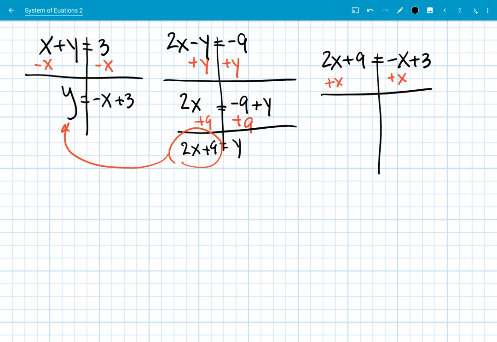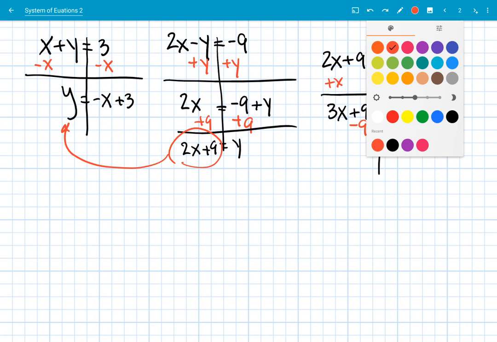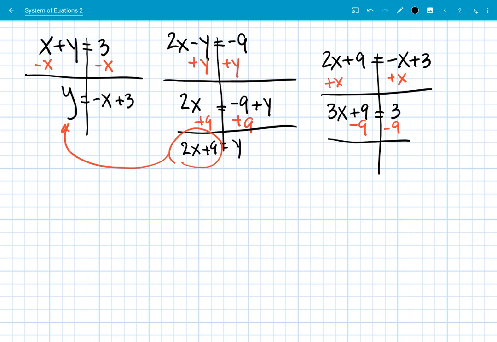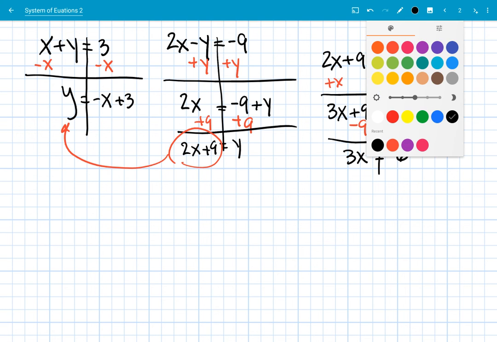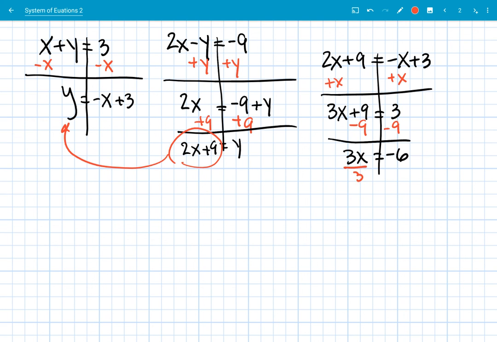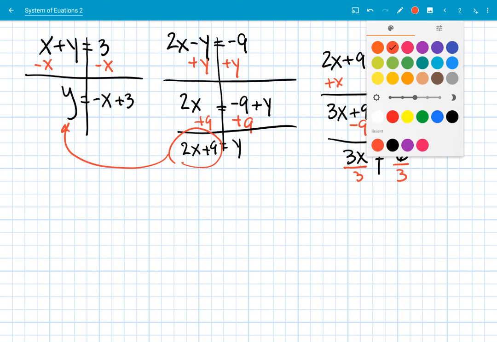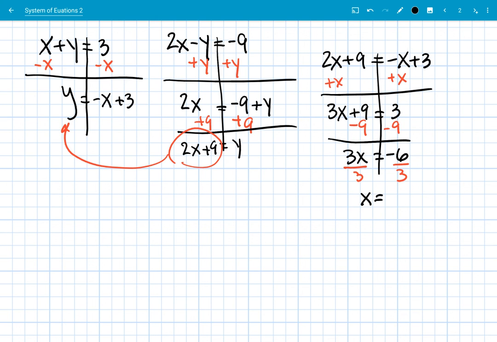And that gives me that 3x plus 9 equals 3. We'll subtract this 9. Let's be consistent here. And that gets me that 3x equals negative 6. And if we divide, we're going to get x equals negative 2 again.